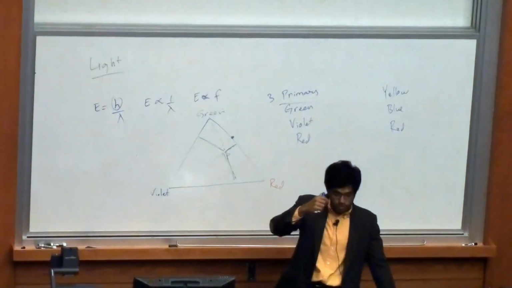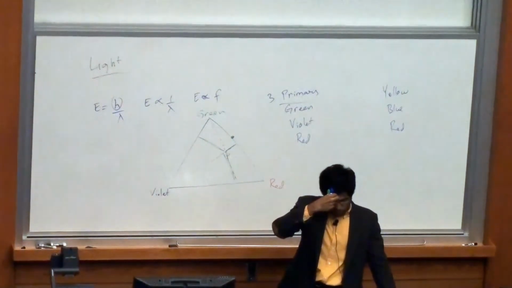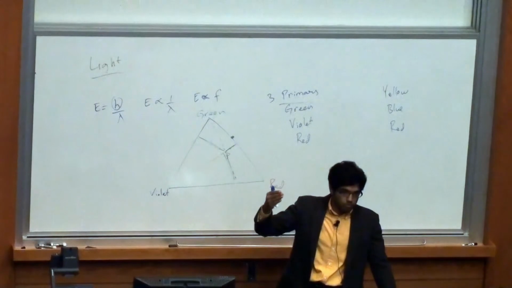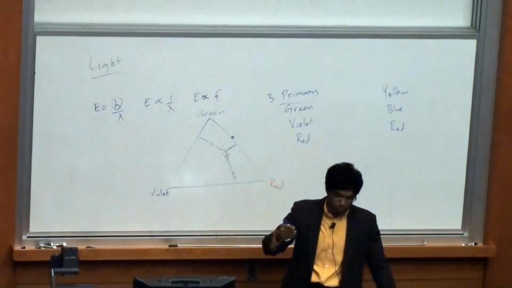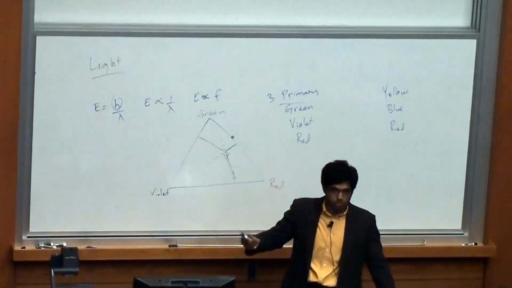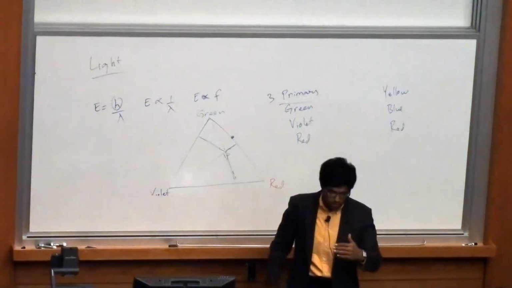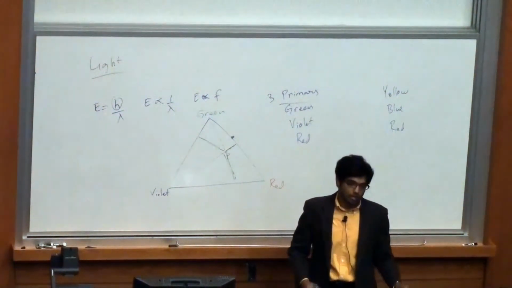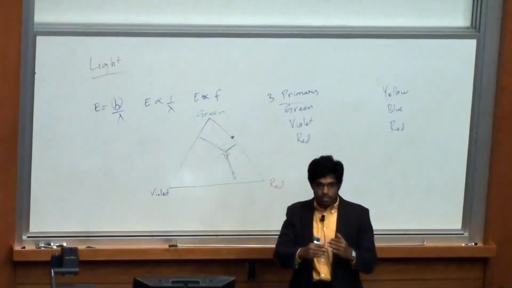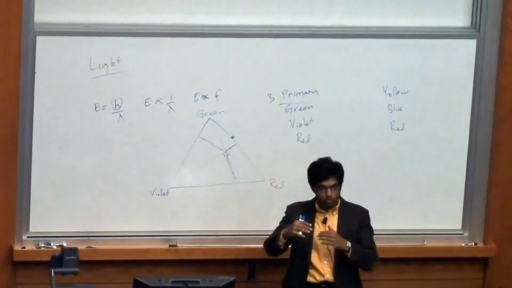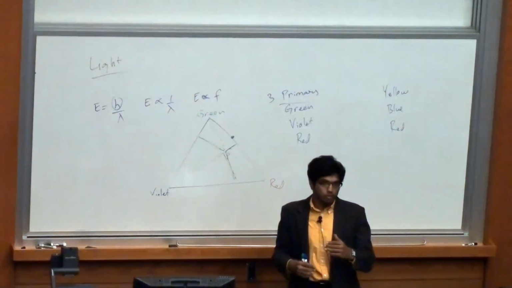If the electrons hit one of these dots, it becomes violet. If it hits one of the other dots, it becomes red. If it hits one of the other dots, it becomes green. And so the combination of all three, violet, green, and red, gave you white. So different intensities hitting those different dots yielded different colors.